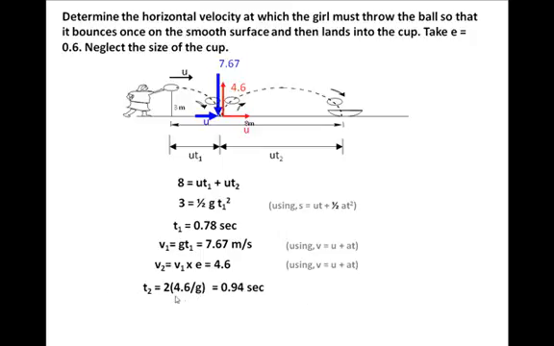So t2 is 4.6 by g, and the total time of flight will be twice of this, so it will be 0.94 seconds. Now that we have t1 and t2 both in place, we substitute them in this equation. So you get 8 equals u times these two times, and you can work out u as 4.65 meters per second.